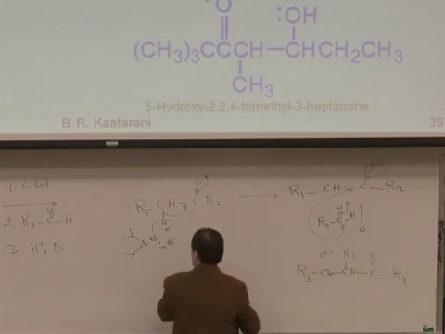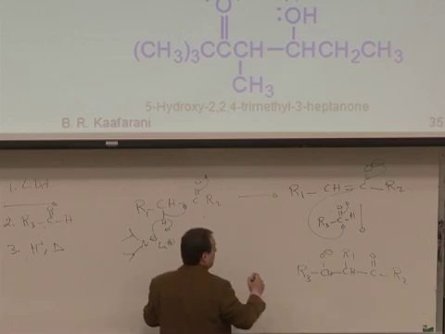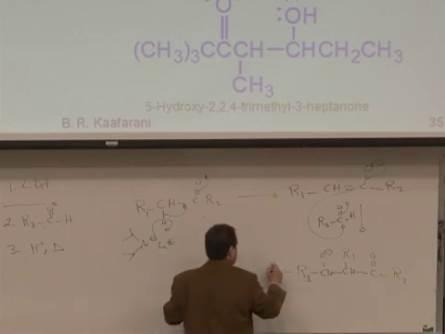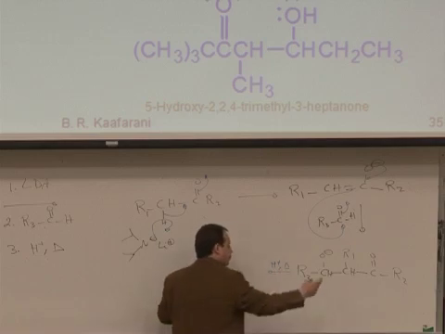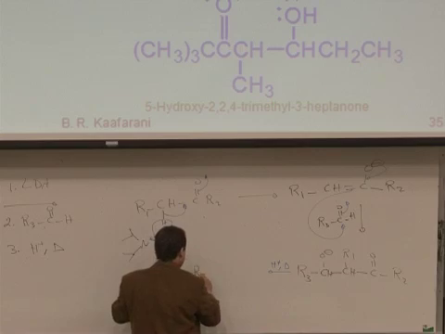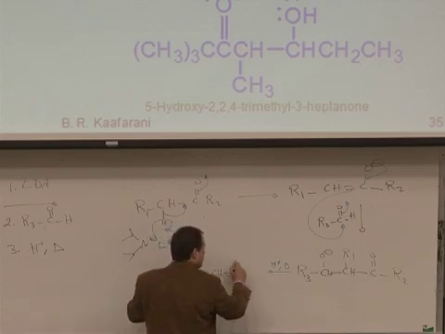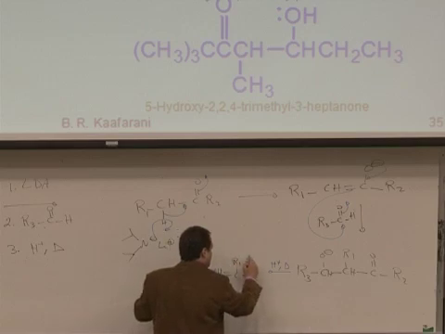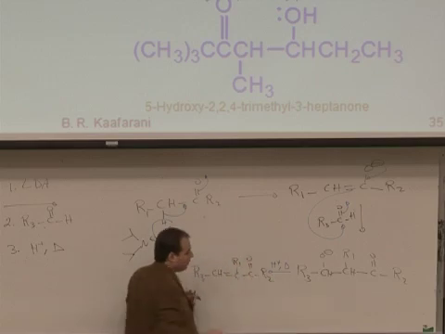Then, in the third condition, you are adding H plus and heat. So you are protonating and you are eliminating, and your product is CH double bond C, R1, C double bond O, R2.